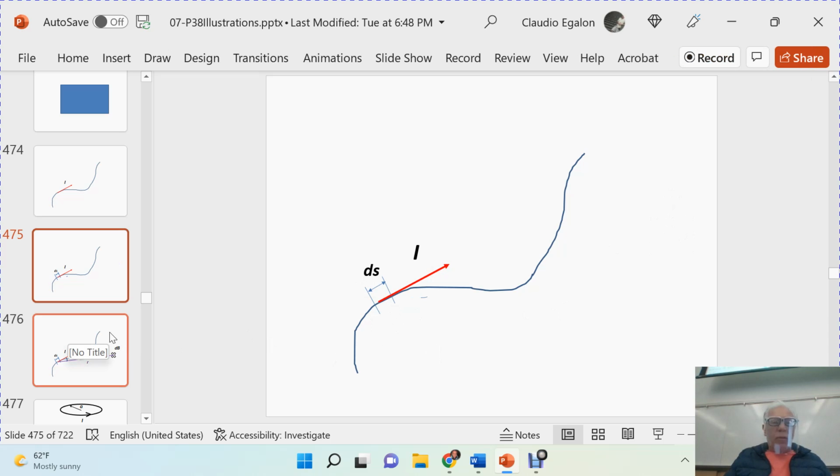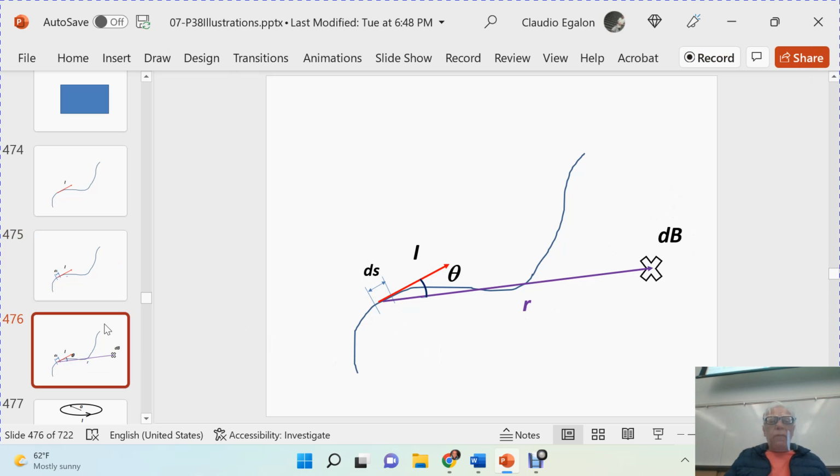That's the infinitesimal section of this wire, and it is going to produce a magnetic field somewhere here. That's going to be given by this ds vector cross r divided by r squared times a constant. The constant is mu naught I divided by 4 pi. I'm assuming that I is uniform.